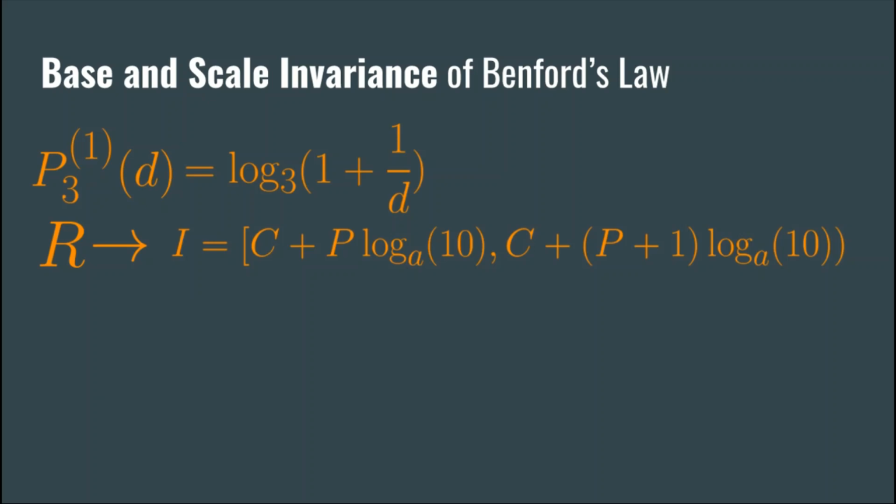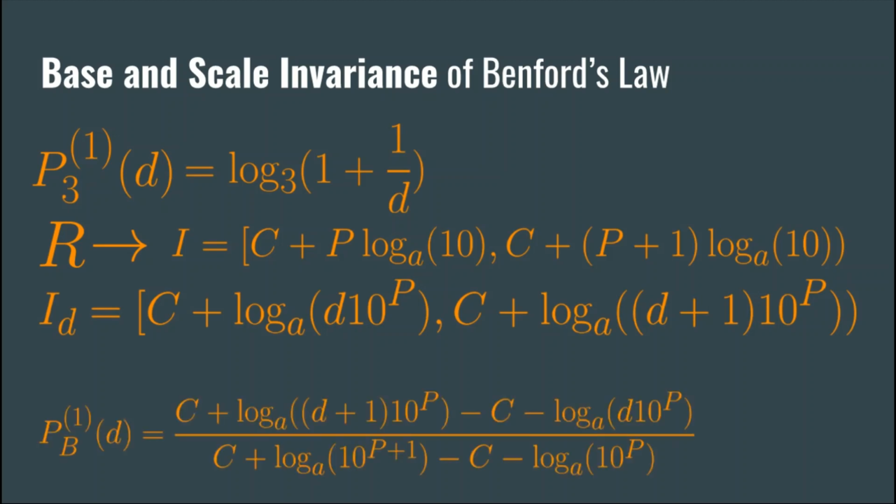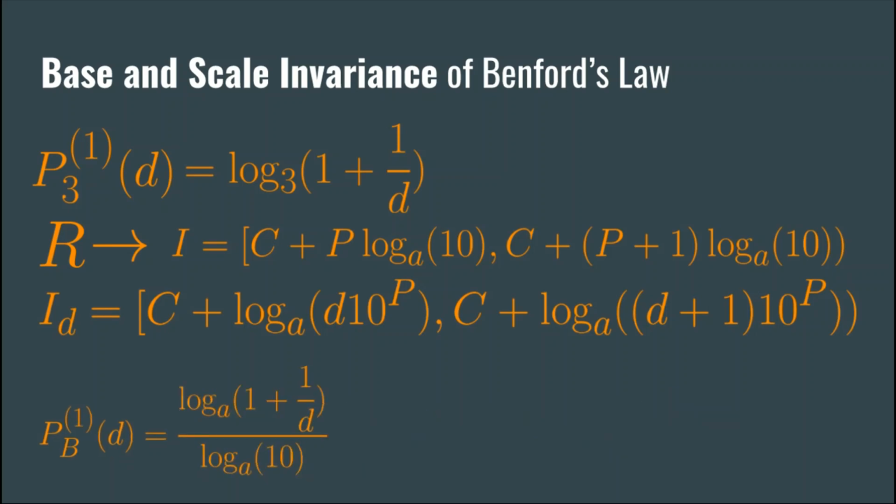Then the interval will shift by c units. The interval the leading digit d falls under will also become shifted by c units. And the probability then just becomes the same probability we would expect, which is Benford's law.